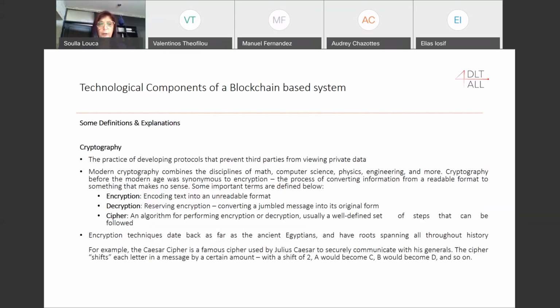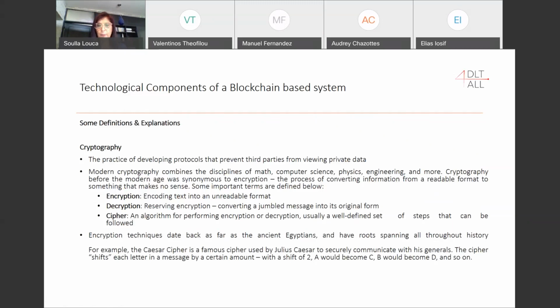For example, Caesar was using the famous Caesar cipher to securely communicate with his generals. If you think about it, it was something very easy, but still the message was scrambled so that anybody intervening would have a hard time identifying how this was done.